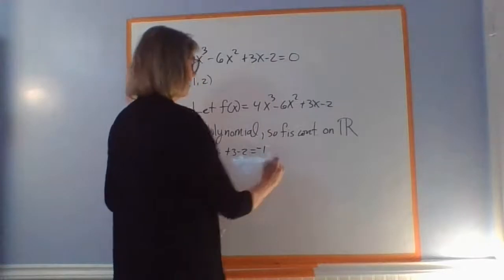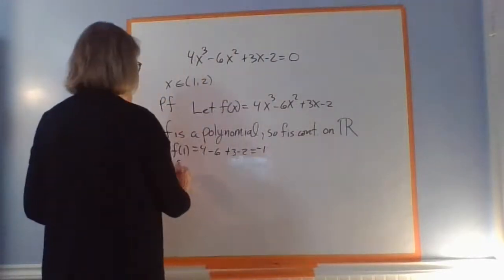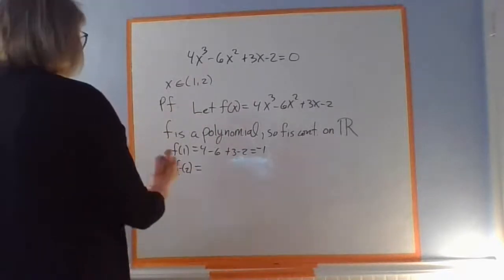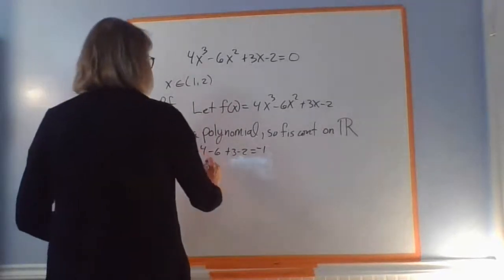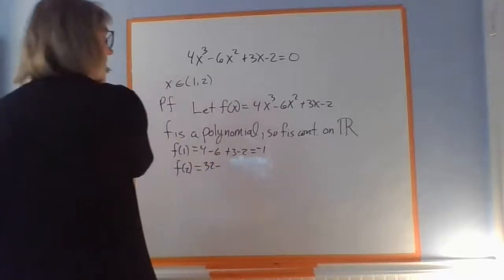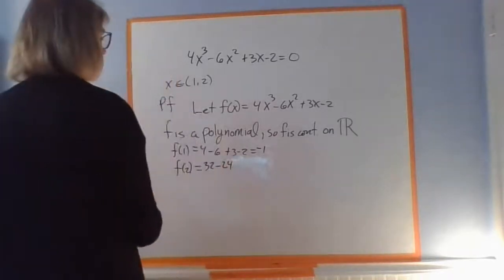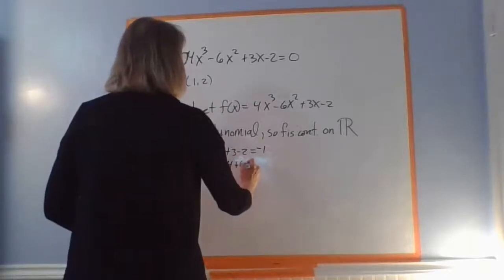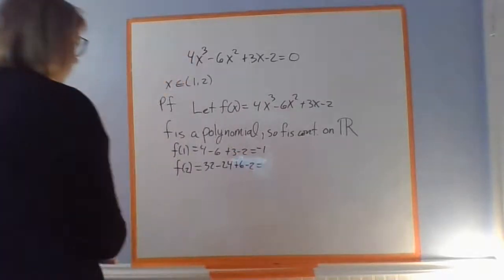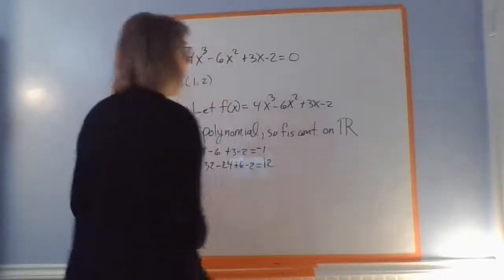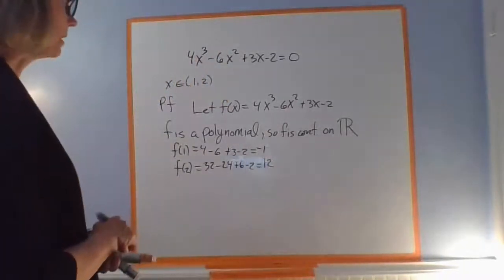And then we find f of 2, and that's equal to 32, because 4 times 8 is 32, minus 6 times 4 is 24, plus 3 times 2 is 6, minus 2. And if we add those numbers up, we get 12. So let's just think for a minute what this means.